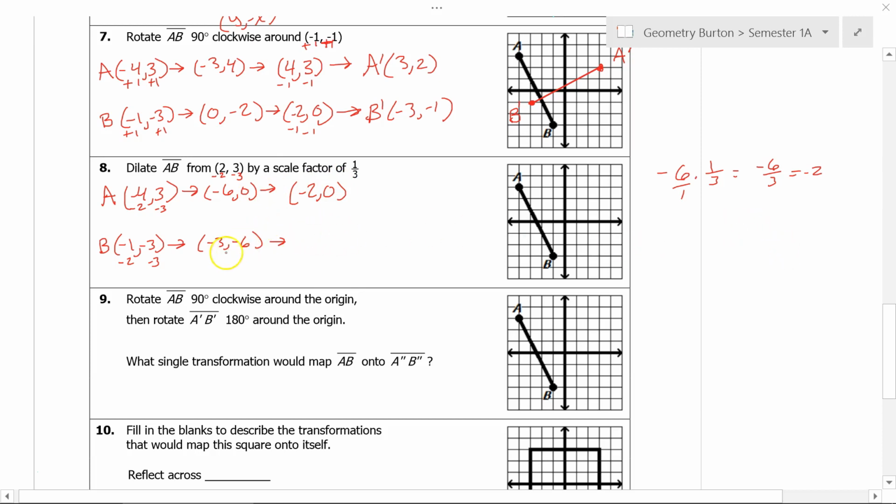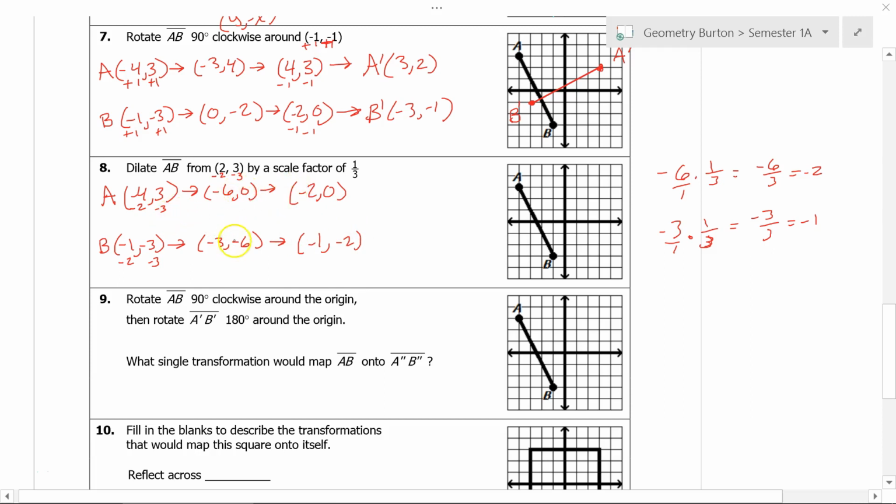Okay, I need to multiply -3 times 1/3. Well, if I do -3 times 1/3, alright, this is -3 over 1, so that'll just be -3 over 3. That'll just be -1. Okay, and I already saw that when I multiplied -6, I got -2. So this -6 again will give me -2.